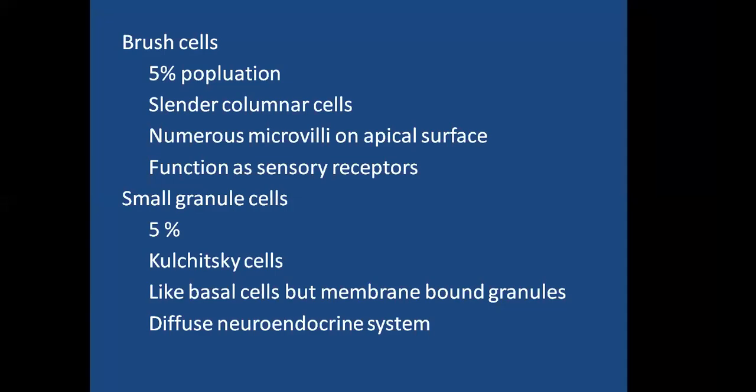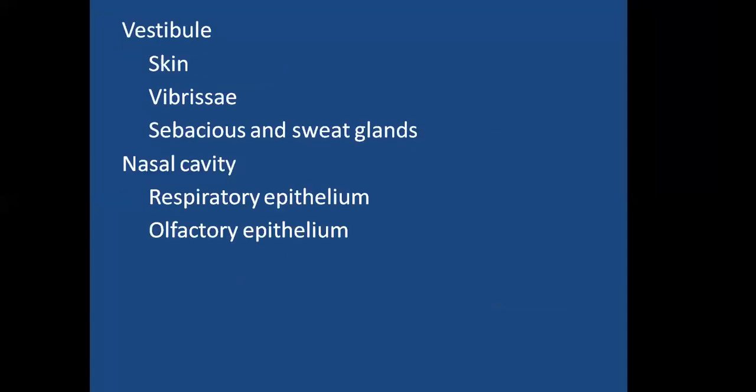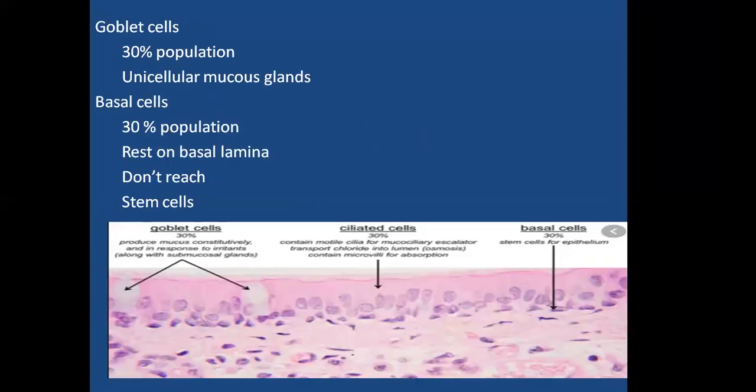These small granule cells are part of the diffuse neuroendocrine system, and we will discuss the diffuse neuroendocrine system in detail in the second year. So you just need to remember the name, that the small granule cells are part of the diffuse neuroendocrine system. So these were the different kinds of cells.